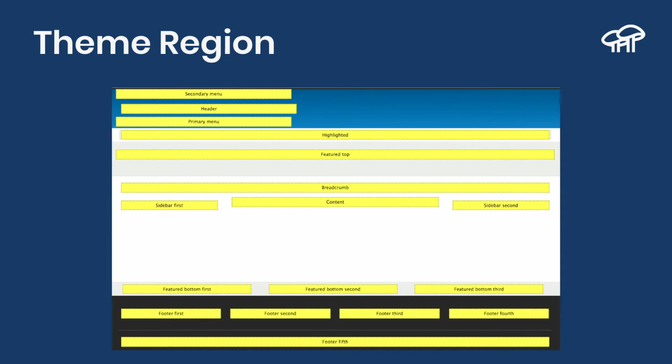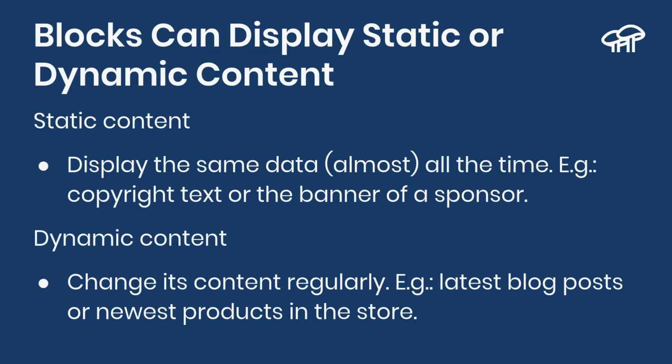If you change the theme, that theme will come with new regions and it will come with new behavior. So you need to understand how your specific theme works in order to be able to place content in the right places. But going back to blocks, blocks can be static or dynamic. Static is when they display the information the same or almost the same all the time.